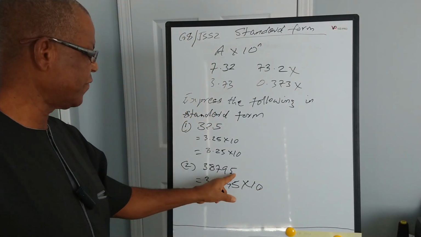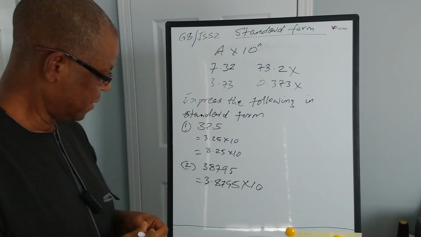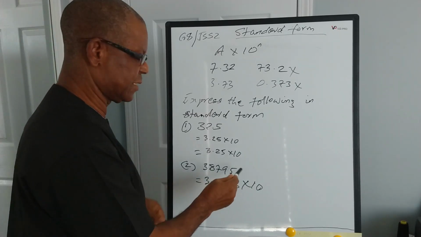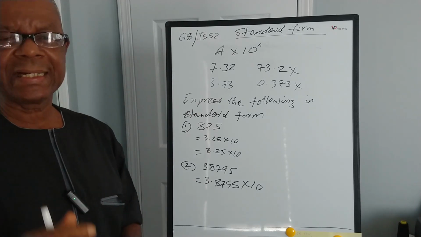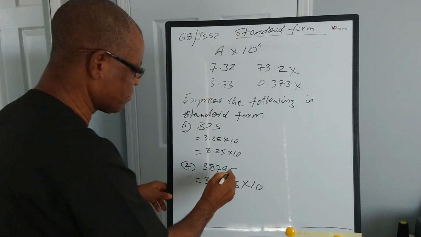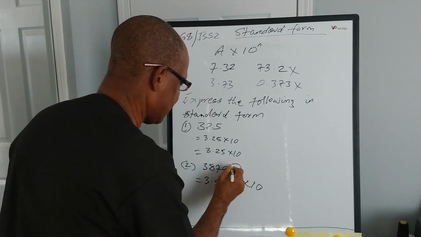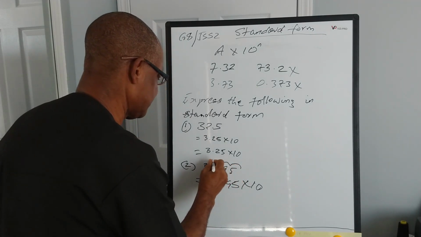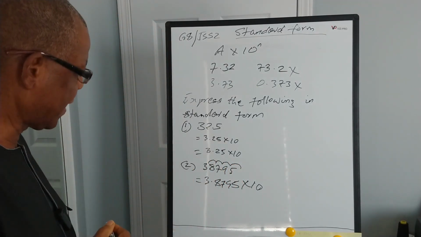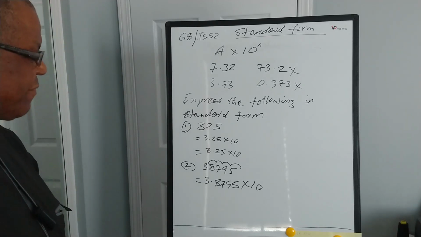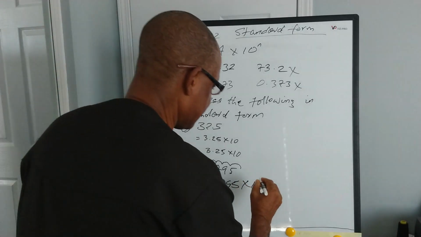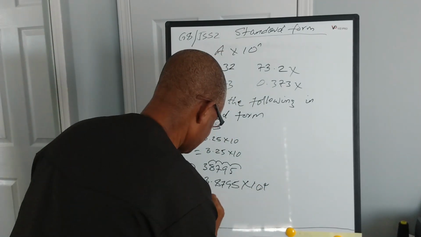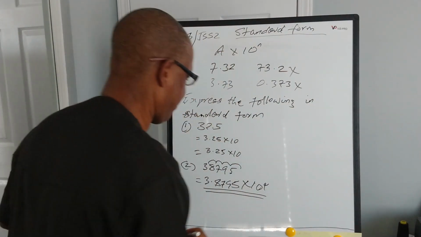There's an invisible decimal point after 5, and this invisible decimal point has moved 1, 2, 3, 4 places. And so we now have 3.8795 times 10 raised to power 4. This is our standard form.